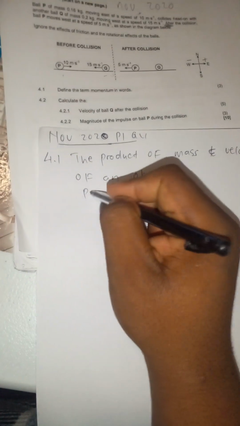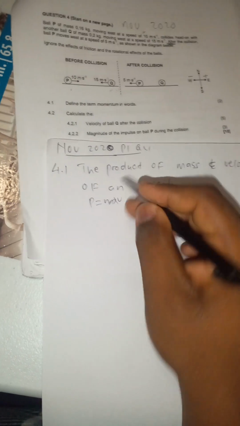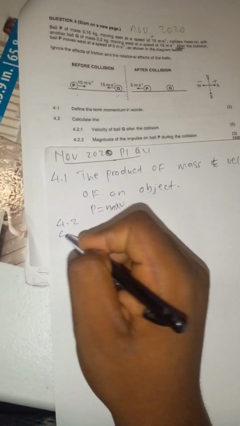You are done with the definition. I need the formula. So the formula is p equals mv. The product is multiplication, mass times velocity. So that's it. Let's go to 4.2.